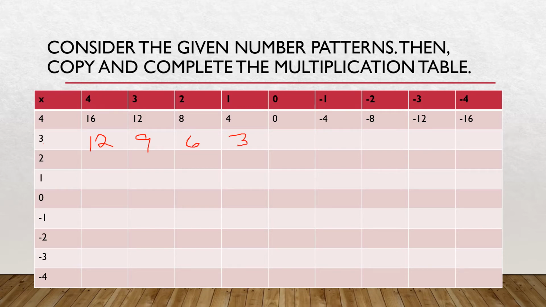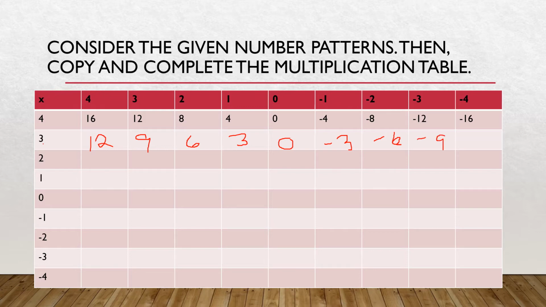What about the negative part? Right? So, of course, this is 0. 3 times negative 1, negative 3. 3 times negative 2, negative 6. 3 times negative 3 is negative 9.